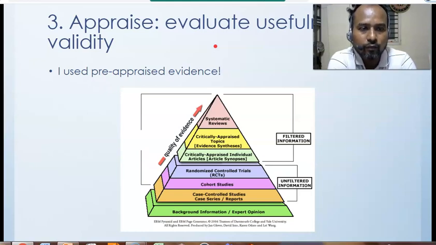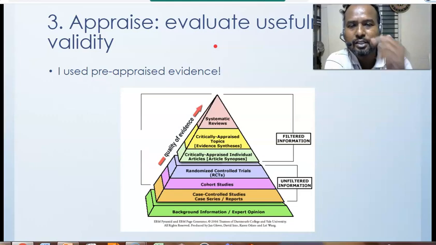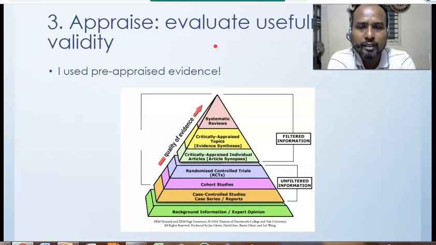Many of us find these terms rather technical. It requires quite a lot of knowledge about research methodology, statistics, and so on. This is the step many clinicians often find threatening, because most of us have limited knowledge about what risk of bias is and so on.